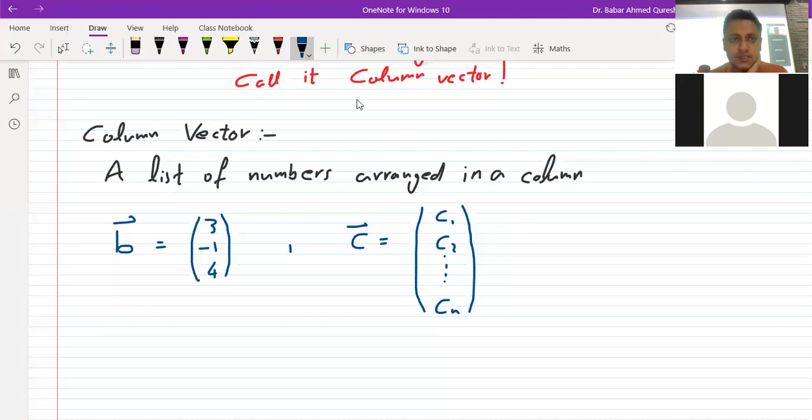Each one of these numbers which are arranged in the column is called a component of the vector. I'll sometimes call it a vector, but you should just take it as shorthand for a column vector.